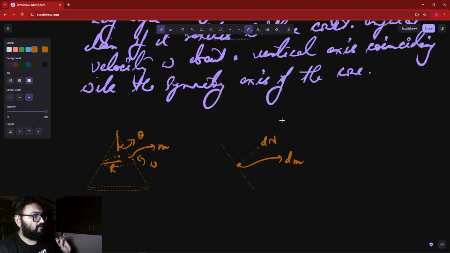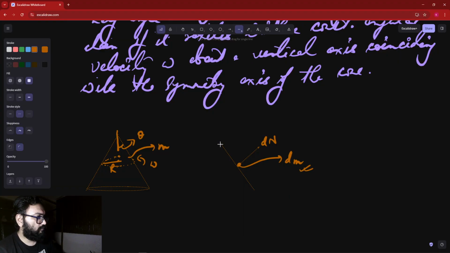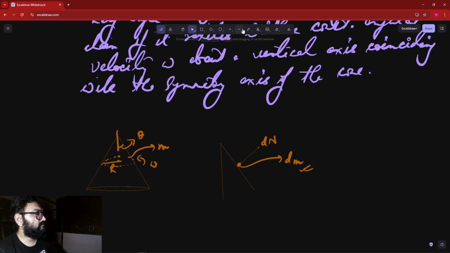Now this dN has two components, one in the horizontal direction and the other in the vertical direction. The vertical component of this dN is balancing the weight of this small segment with mass dm. Given that information I can write down one equation. This half angle has been given to me as theta, right?